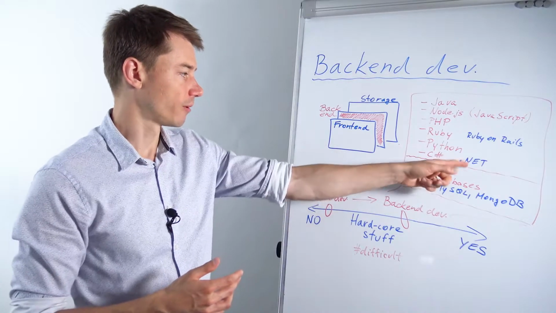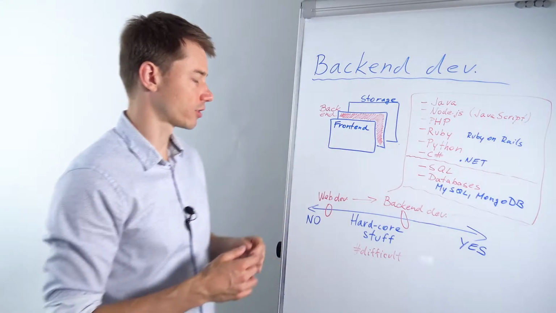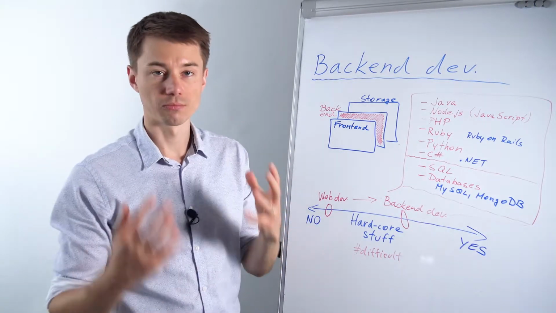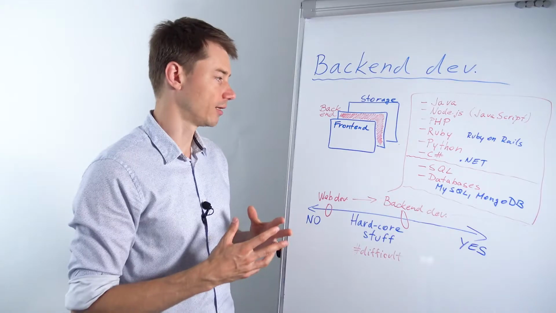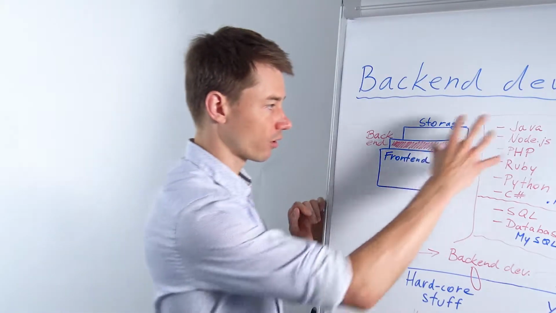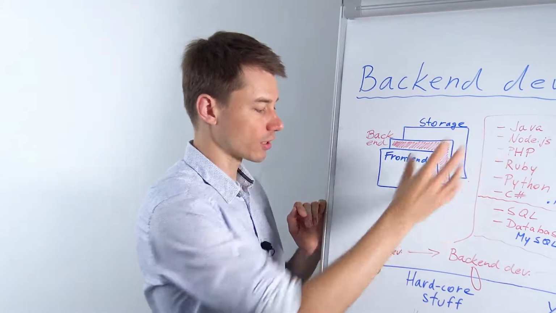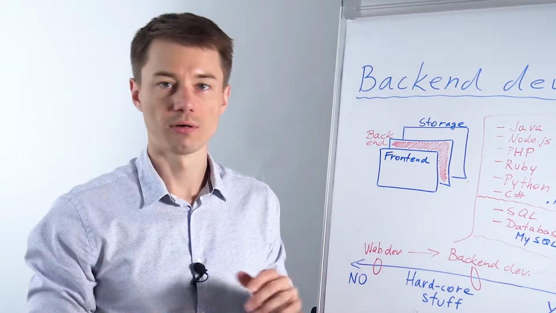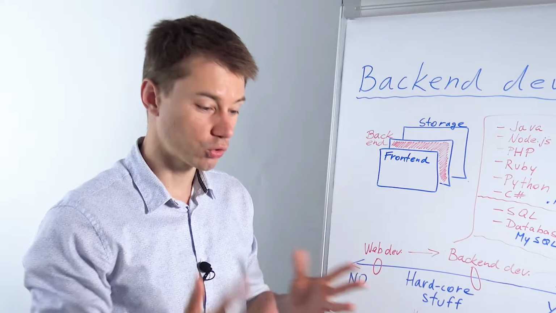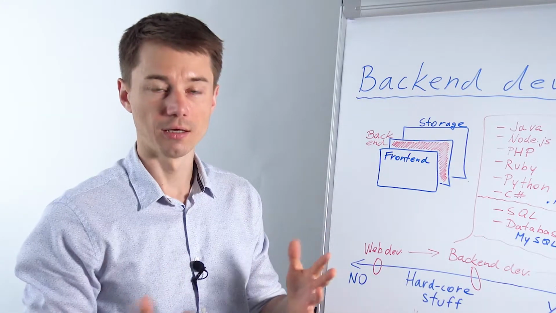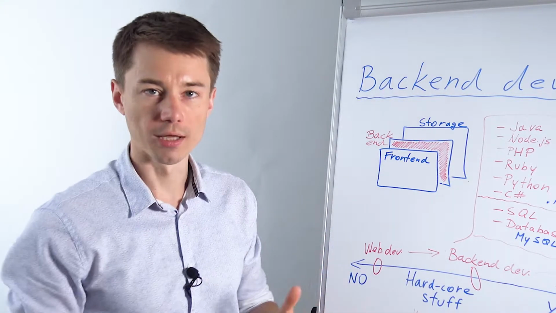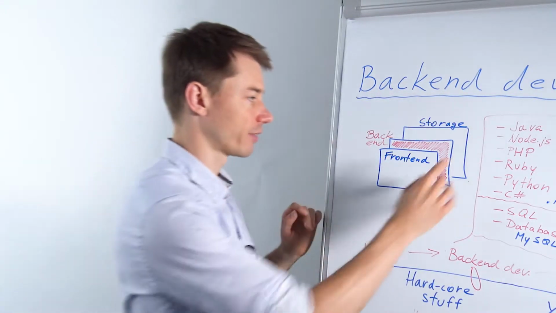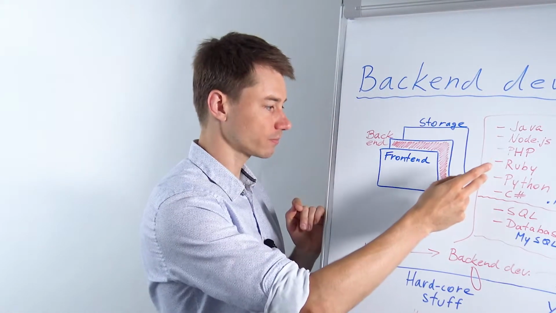And C# with the .NET platform is a great language, pushed by Microsoft significantly. So this is a set of programming languages backend developers use. There are some more obscure languages like Erlang or Golang that are not as prevalent, but these are the mainstream.